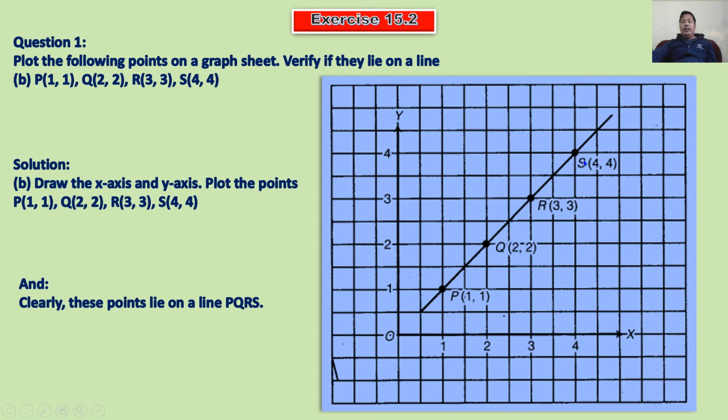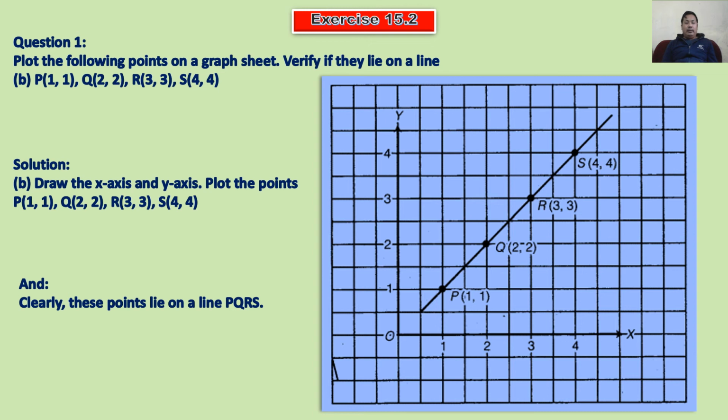These are the points that indicate the coordinates 4 4, 3 3, 2 2 and 1 1. So this is the line where the coordinates are lying, that is PQRS. So here is the answer, the graph of the second question B.